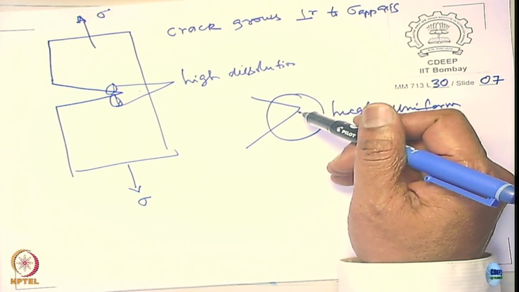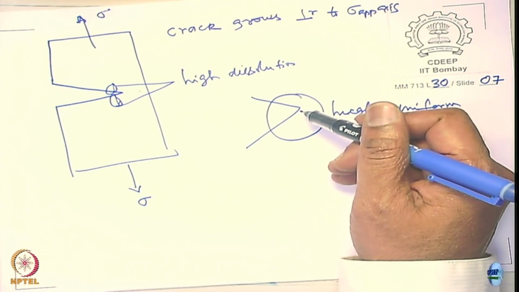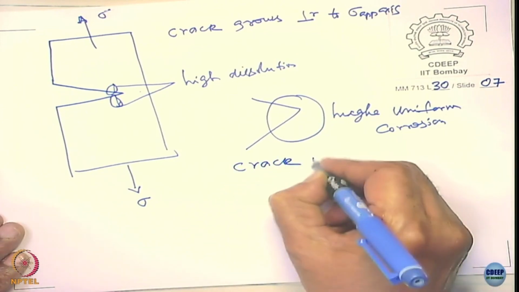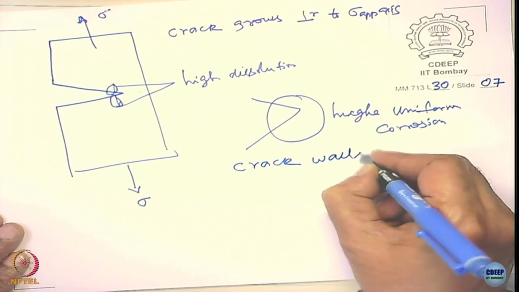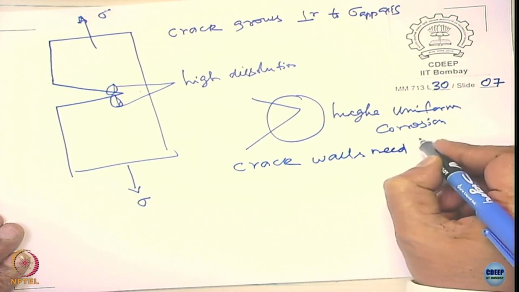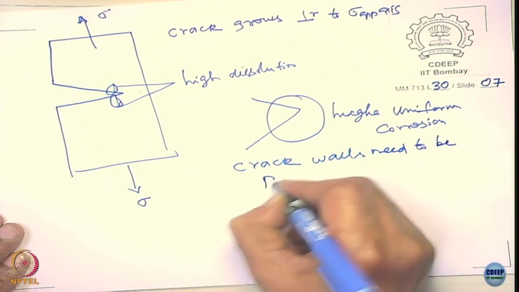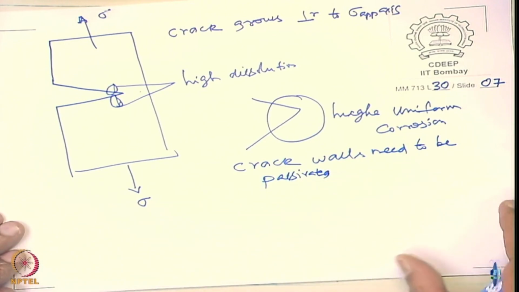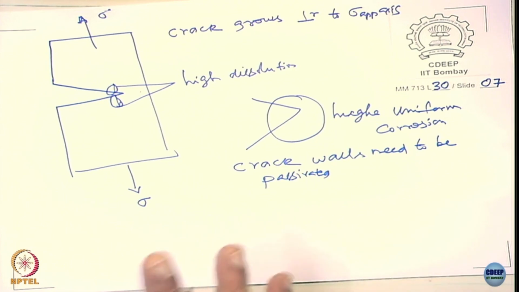So what it means is, for stress corrosion cracking to occur, the crack walls need to be passivated, the film has to be there, so that only at the crack tip the corrosion occurs and the crack starts propagating along the directions.